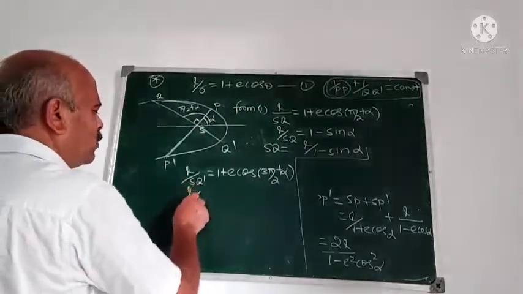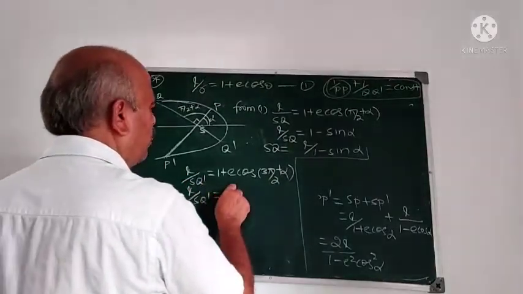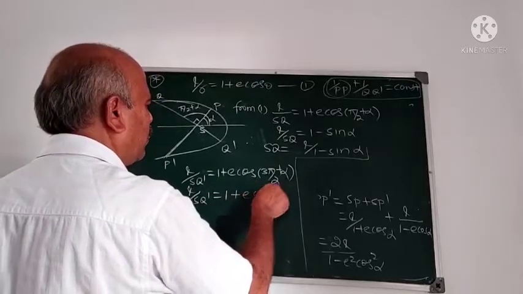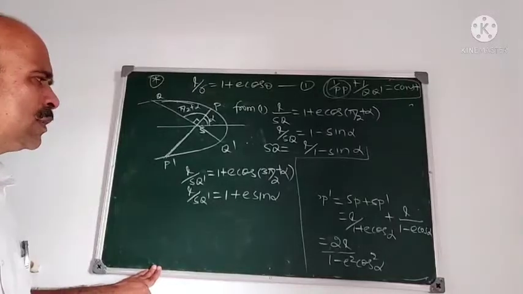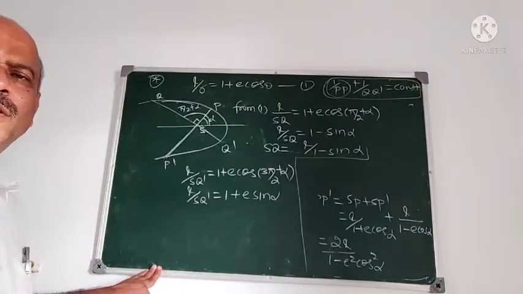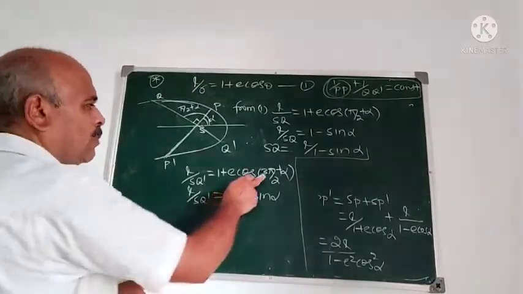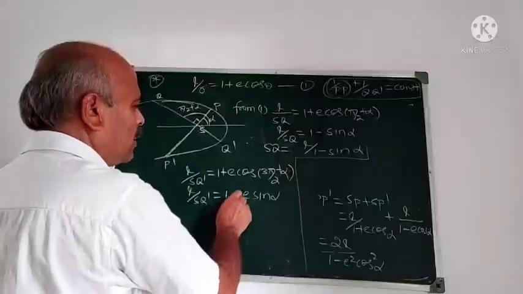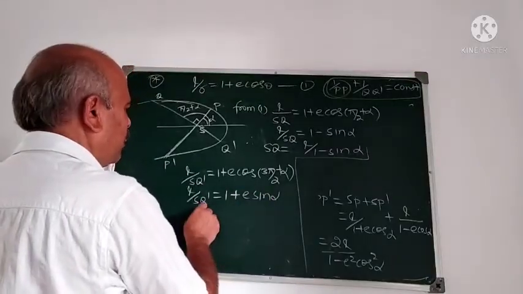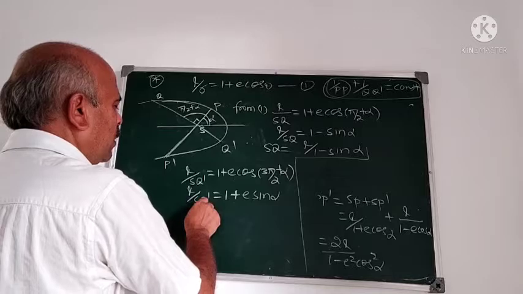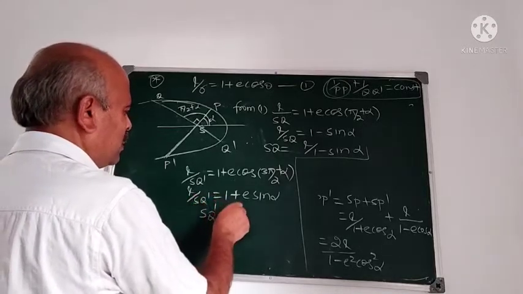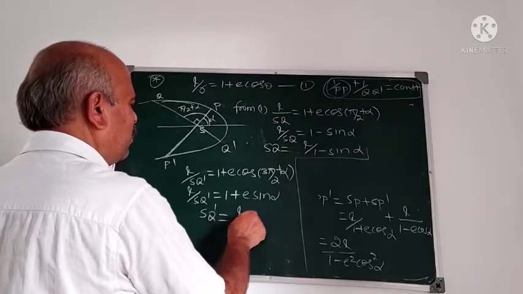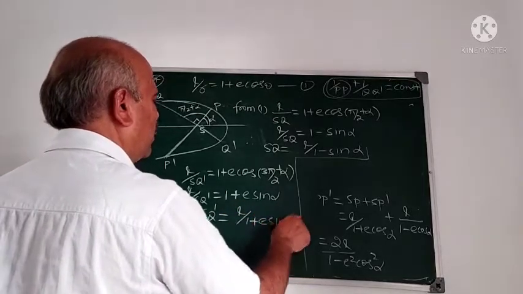Therefore, L by SQ dash is 1 plus E sin alpha. What is cos of 3 pi by 2 plus alpha? Odd multiple of pi by 2 changes cos to sin. But 3 pi by 2 plus alpha lies in the 4th quadrant. Therefore, plus E sin alpha. So we require SQ dash, which is L by 1 plus E sin alpha.